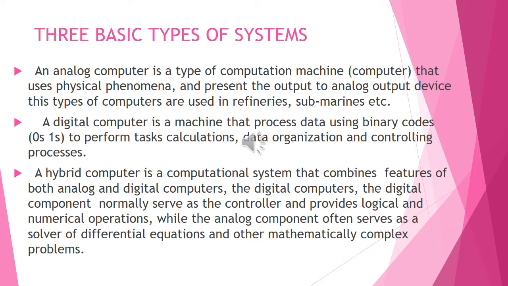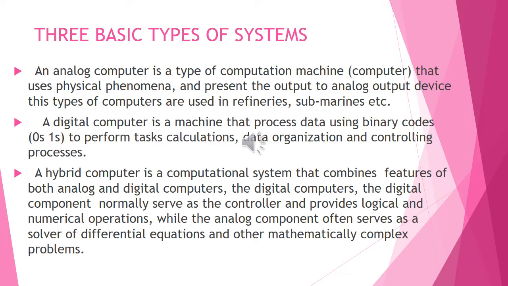This type of computer is used in refineries and submarines. We hardly use analog computers in offices. Why? Because we need steady light to work with them. Without steady light, it will be very difficult for an individual to use those systems.